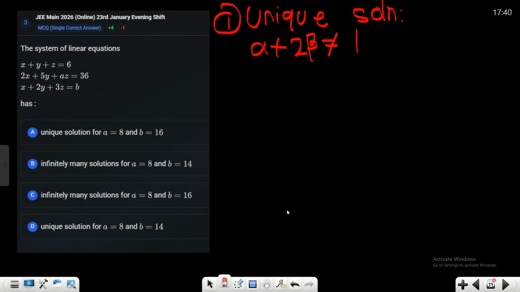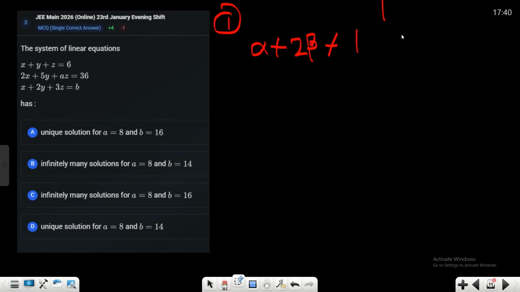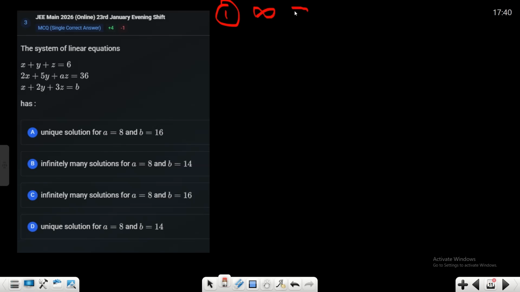First let me discuss infinitely many solutions, then we can draw the conclusion for unique solution. For infinite solutions, the condition is simple: if you extract the x coefficient, it should be alpha plus 2 times beta is equal to 1.